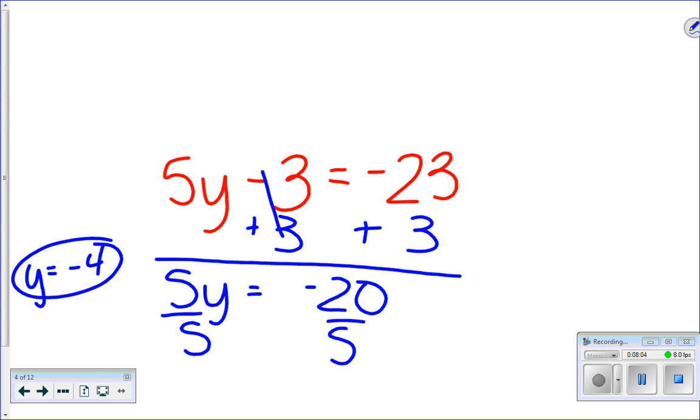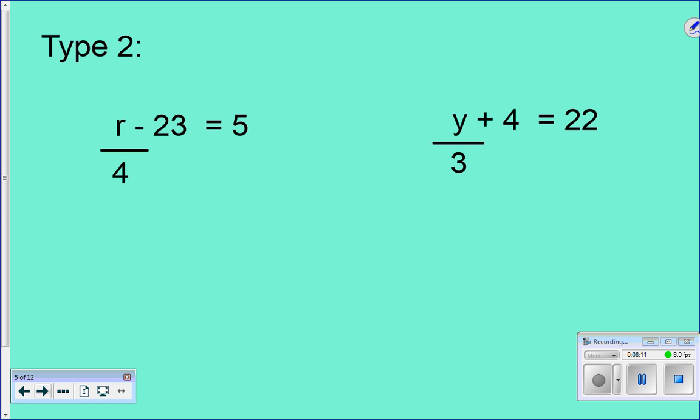Okay. Any other questions? Any questions on the first type? Let's look at the second now. Here's the good news. You follow the same rules as we did before. Okay? So let's look at the first one. I think it's r divided by 4 minus 23 equals 5. So make sure you have one of these written in your notebook because you're going to want an example.